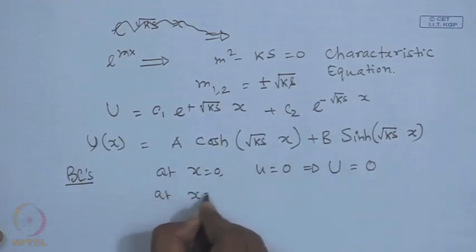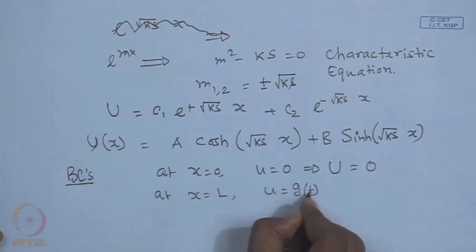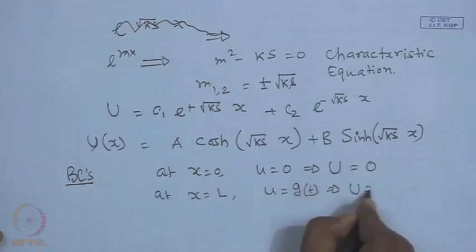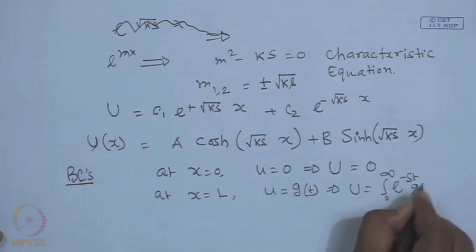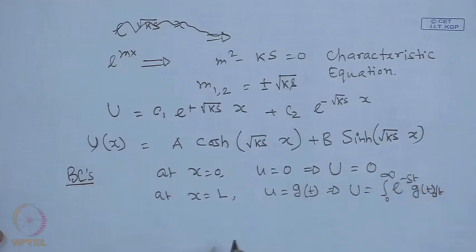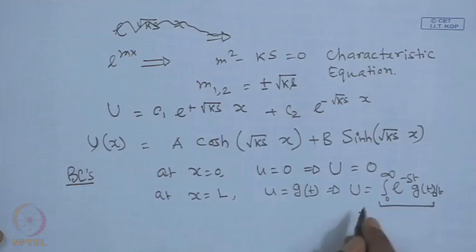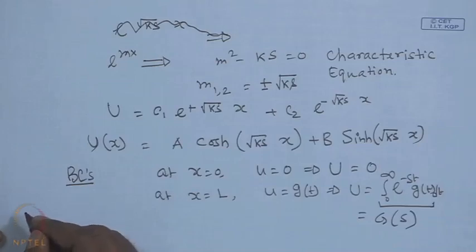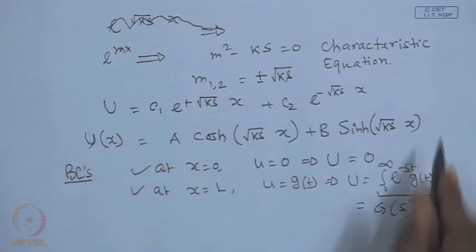At x is equal to L, u is equal to g of t. Therefore, capital U should be the integral from 0 to infinity of e to the power minus s t g of t dt, which we write in the form of g of s. So, let us write U is equal to g of s.